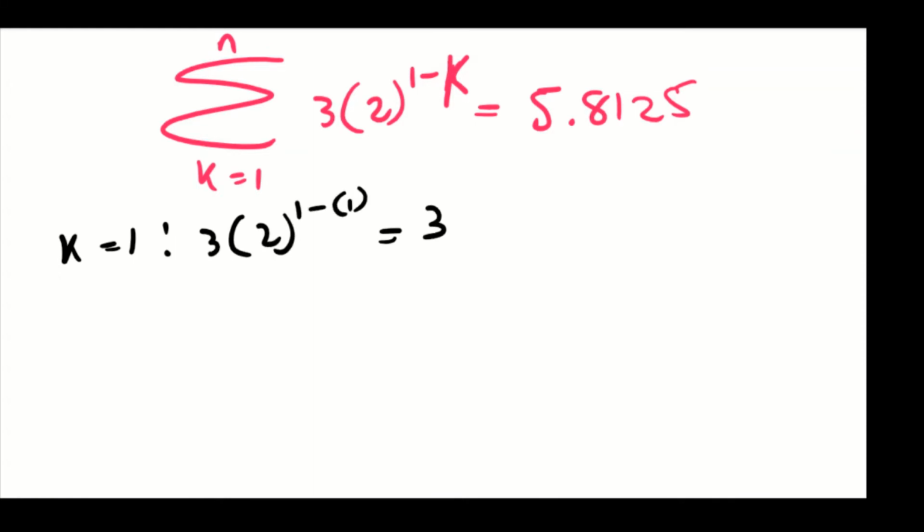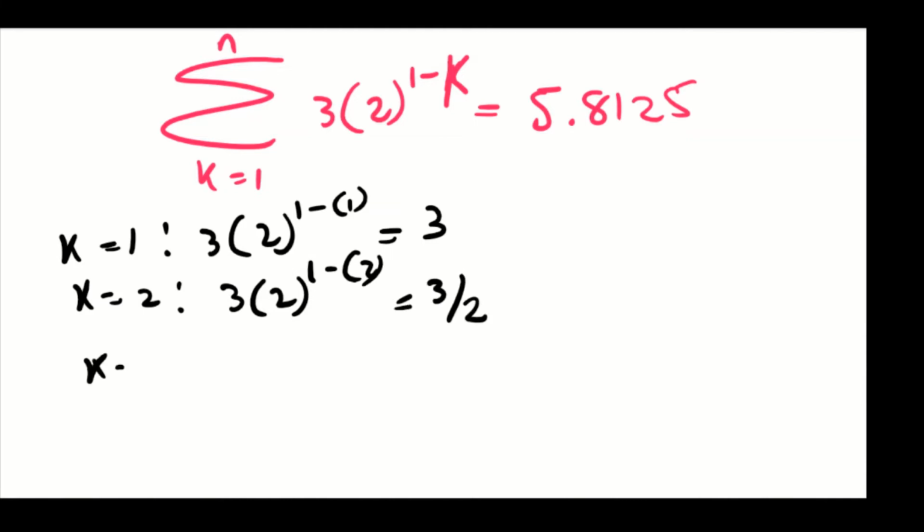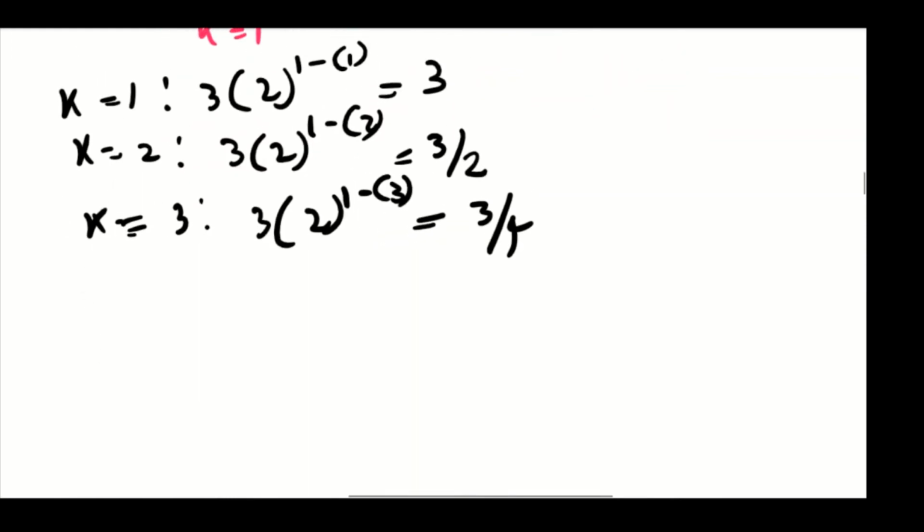If you punch your calculator, when k is equal to 2, 3 into 2 to the power of 1 minus 2 is equal to 3/2. When k is equal to 3, 3 into 2 to the power of 1 minus 3 is equal to 3/4, right? So the first 3 terms of this series are 3 plus 3/2 plus 3/4.